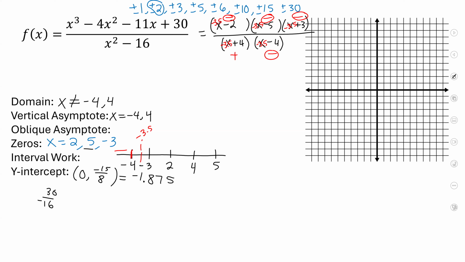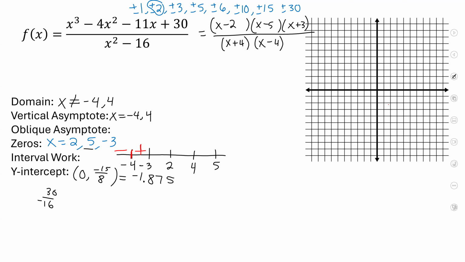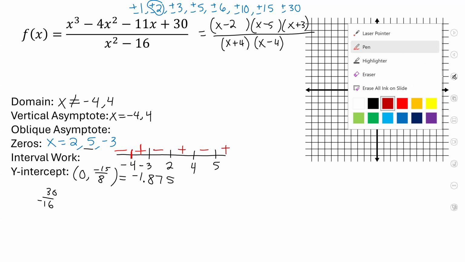That's even. So that means this will be a positive interval. Okay, so you should have gotten minus, plus, minus, plus. That is our interval.